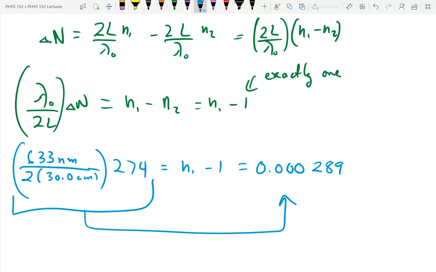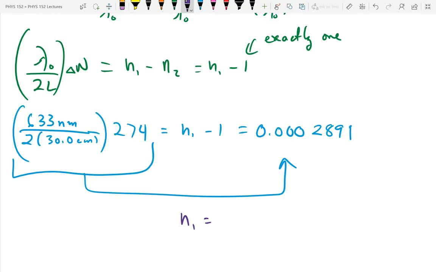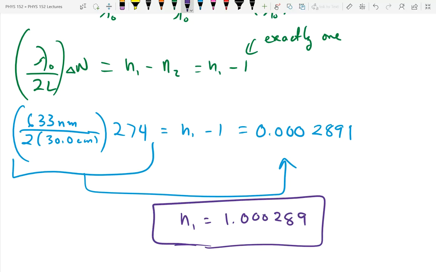Okay, I only have 3 significant digits, so I will round this keeping 1 more than my sig figs there. So what's the index of refraction? I add 1 to that. And notice my answer now has 7 significant digits because the 1 was an infinite number of significant digits, and I was good out to the 9 there, which was the 6th decimal point.